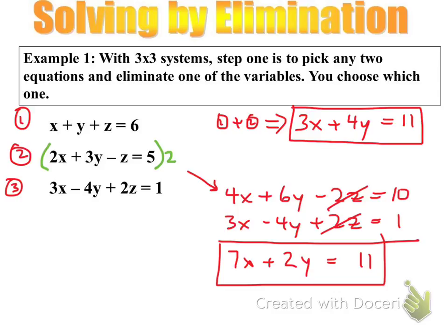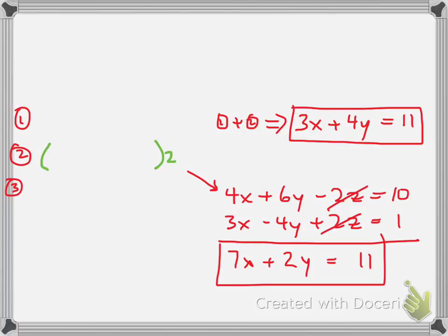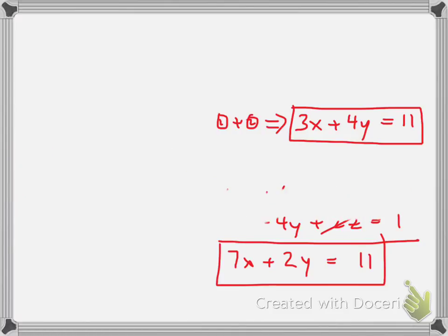Now that we have eliminated that variable twice, I'm left with these two equations that I can work with, right? 3x plus 4y equals 11. 7x plus 2y equals 11.